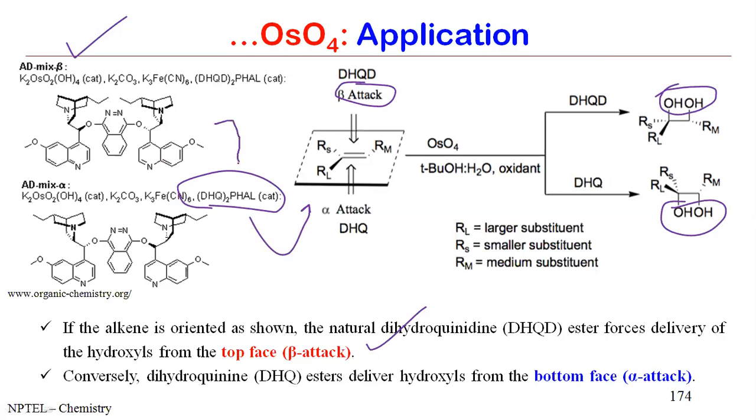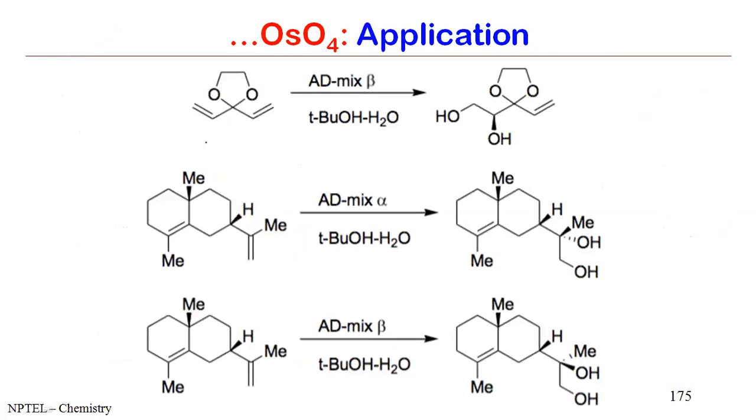Actually, the mechanism of this reaction is very complex, and I don't want to show the mechanism here. In this particular lesson, what I want to show is how we can generate chiral hydroxylated species from alkene using Sharpless asymmetric dihydroxylation reaction.